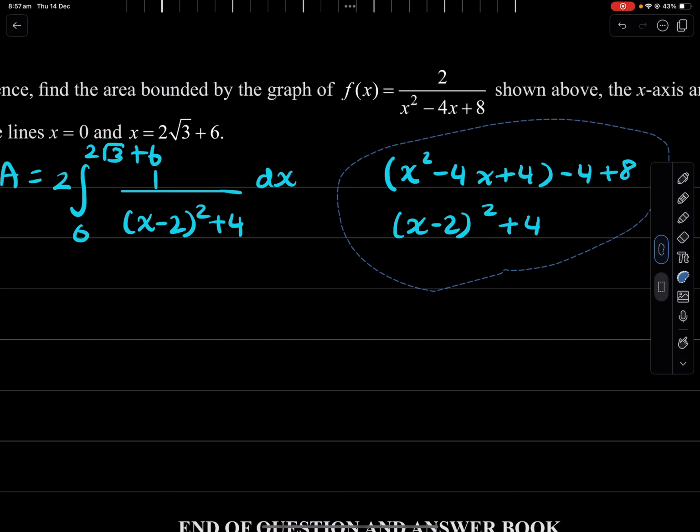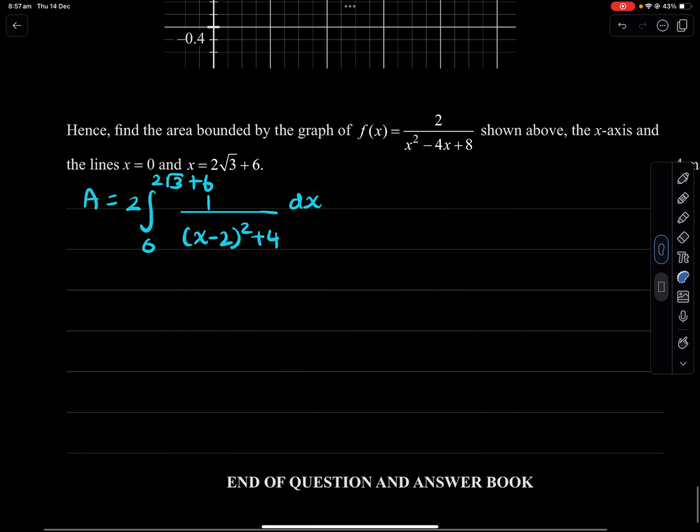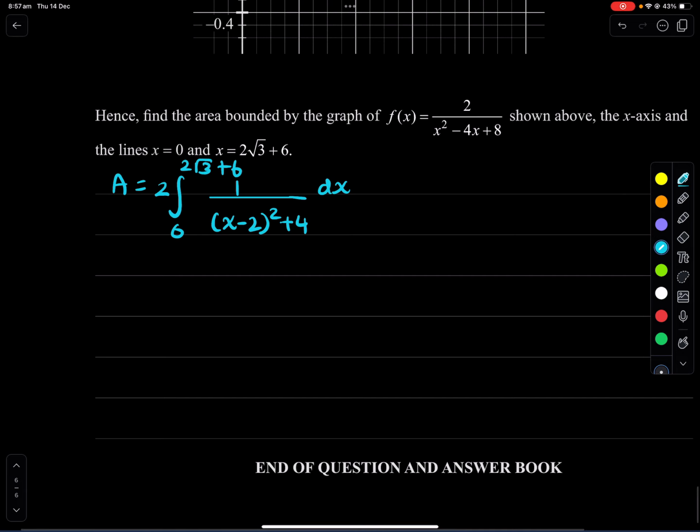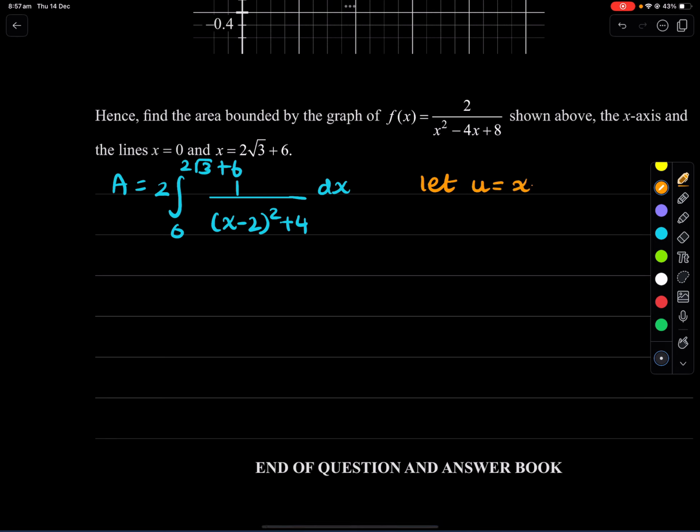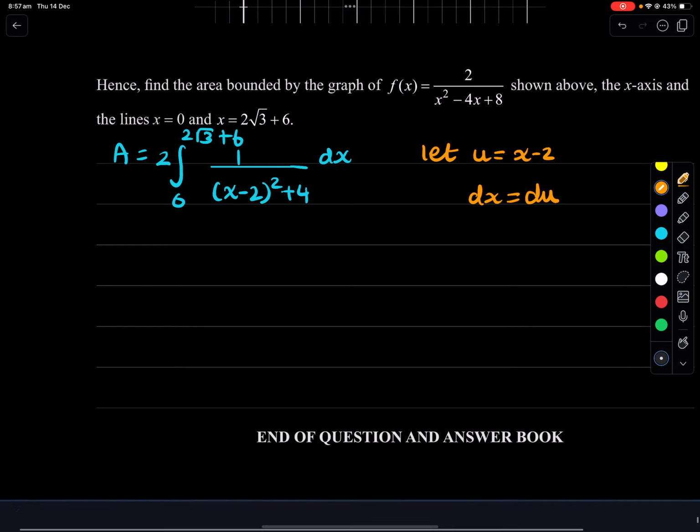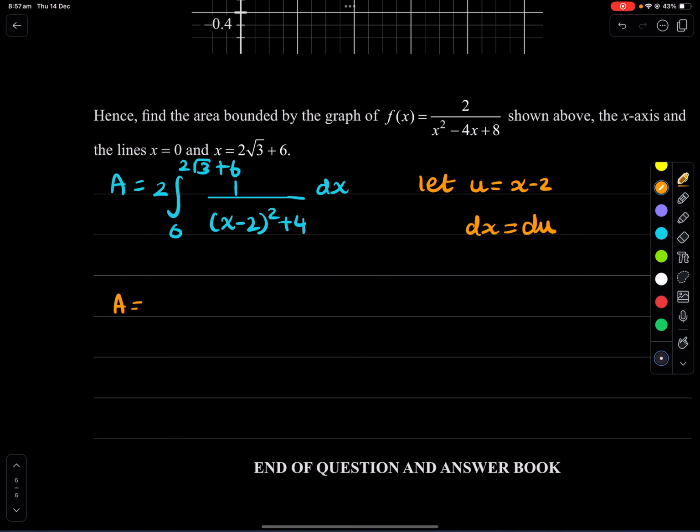All right. And what do we do? Okay, this one looks nice, so let u be x minus 2. Hence dx is just du. We rewrite this whole expression as 2 times the integral of, if I sub in 0, it'll be negative 2 at the bottom.